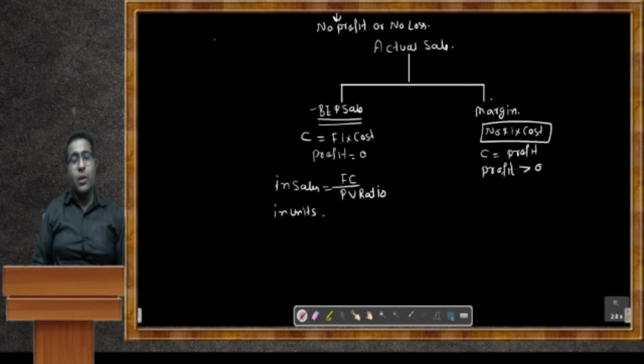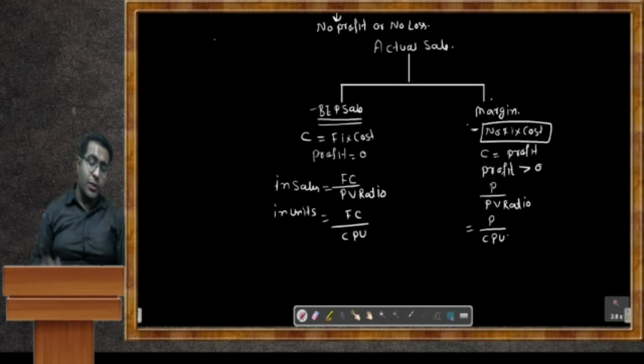In units, it is fixed cost divided by contribution per unit. For margin of safety, it is profit divided by PV ratio, or in units, profit divided by contribution per unit. By this, we have to calculate.